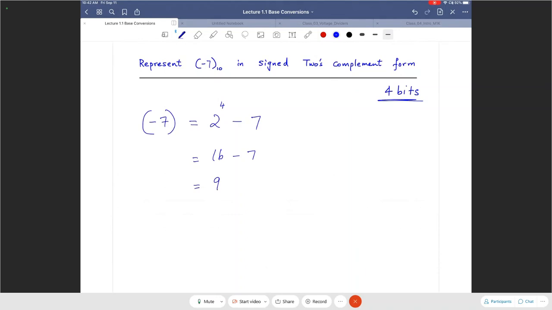Yes. So 9 represented in binary, what is that? Using 4 bits, 1, 0, 0, 1. First bit came out to be 1 for negative. That's good. And then 1, 0, 0, 1, that's what represents -7 in 2's complement form using 4 bits. If I used 5 bits, what would change?